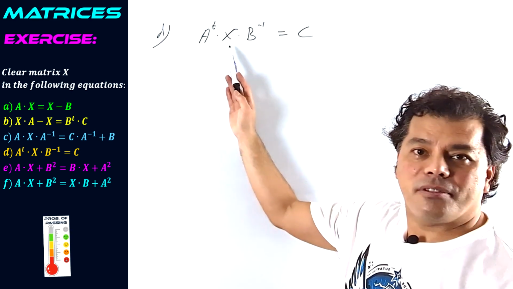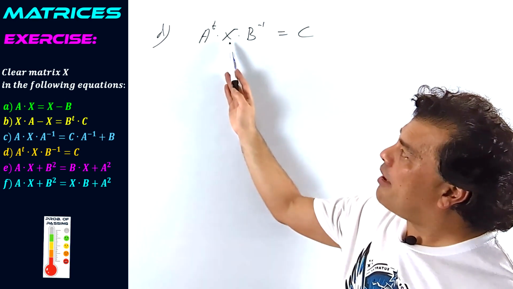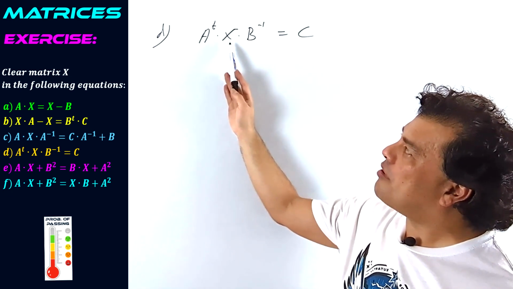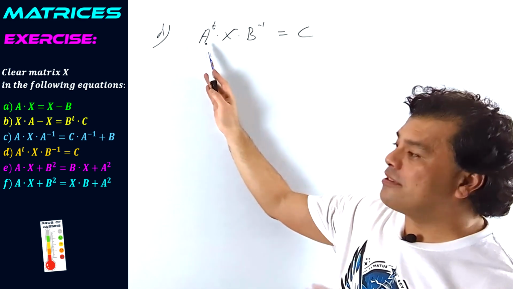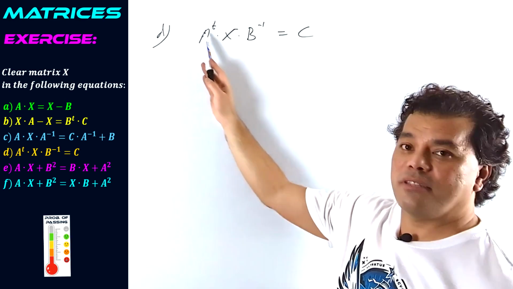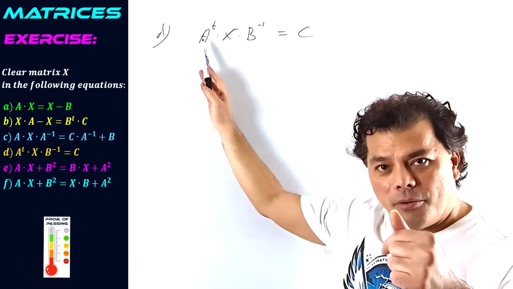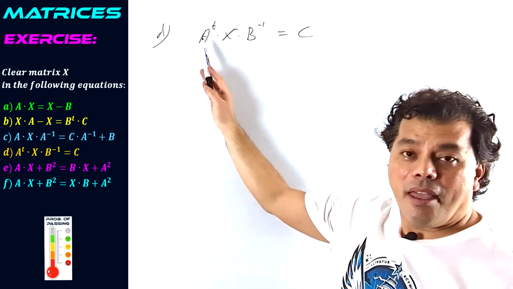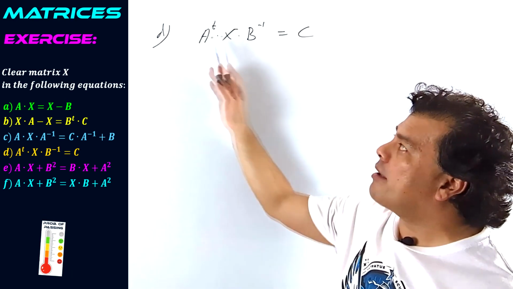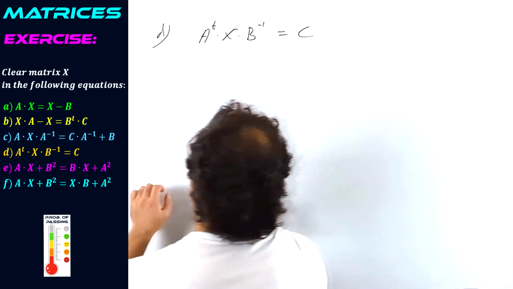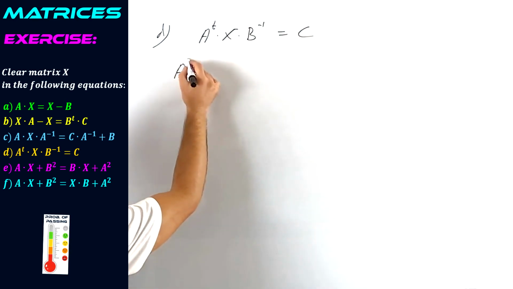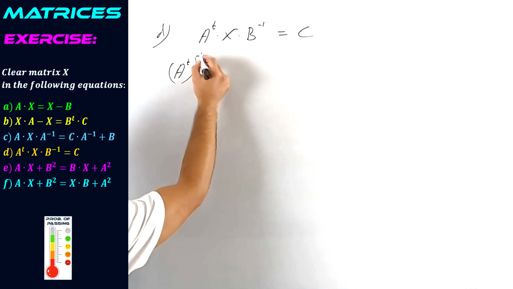Look, matrix X is here, and we should try to release it from these two factors. Of course, in the statement we could find matrix A, and we should transpose matrix A. And then let's multiply both sides of the equation at the left by A transposed, but inverted.